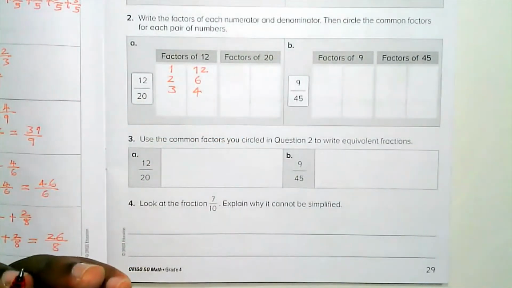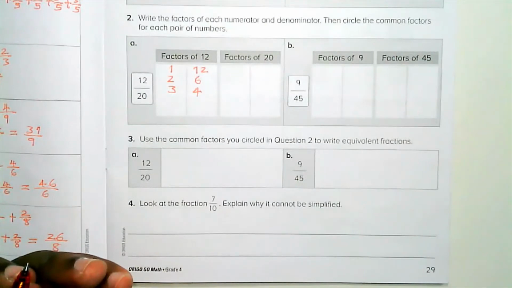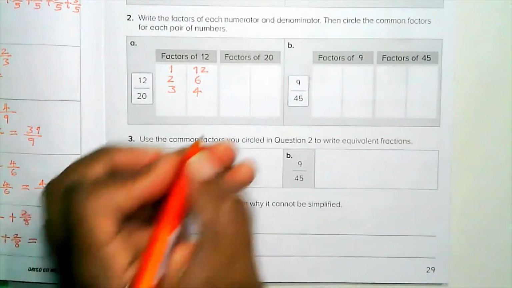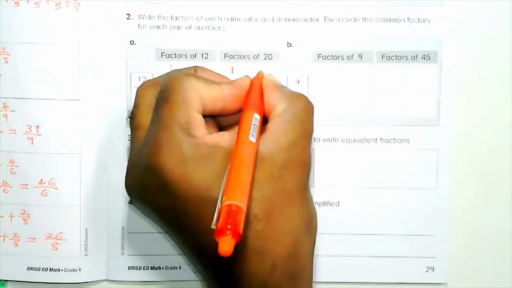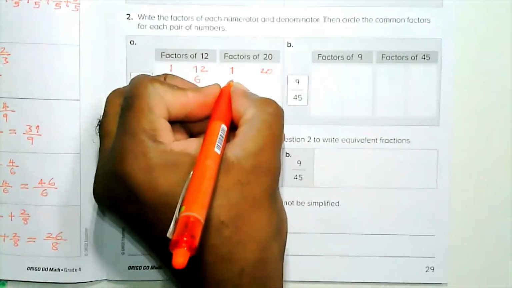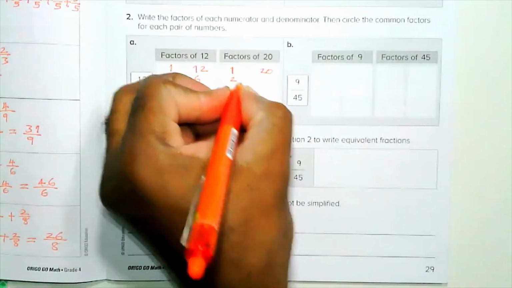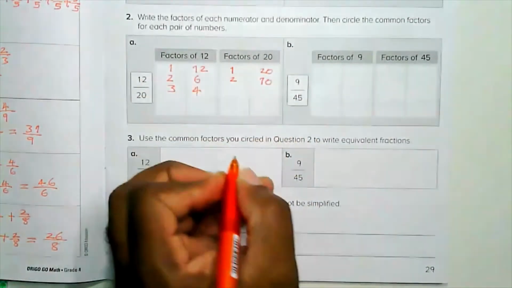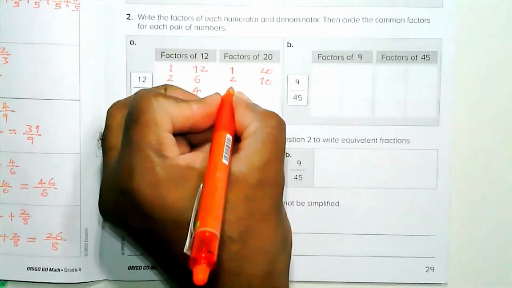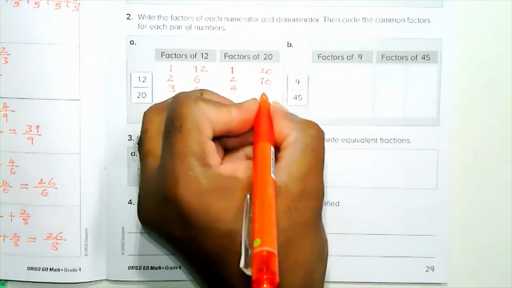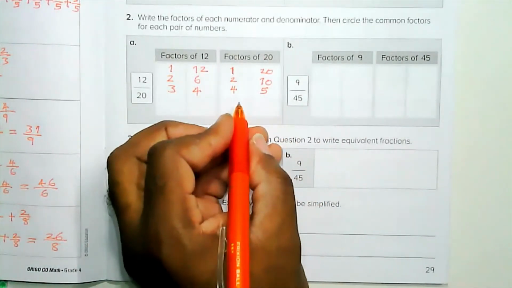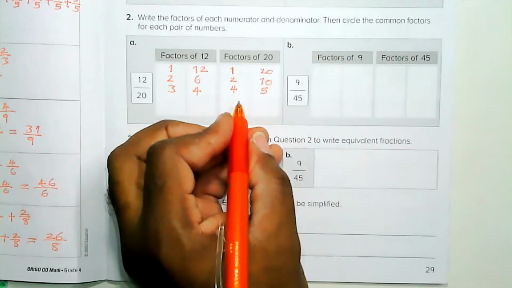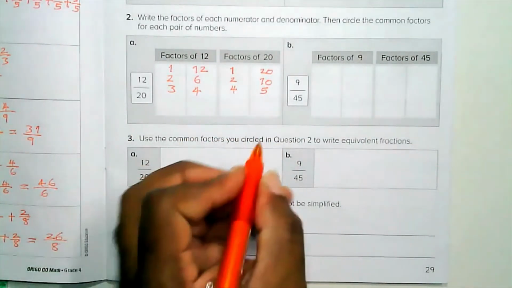What else? So for 20, we have 1 times 20 is 20. 2 times 10 is 20. 4 times 5 is 20. What else? So I think that's all.